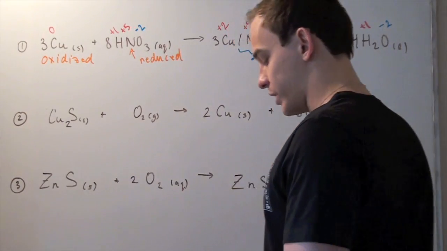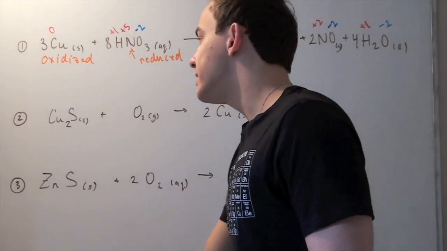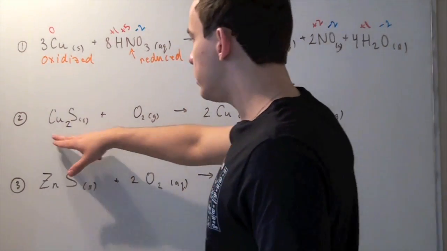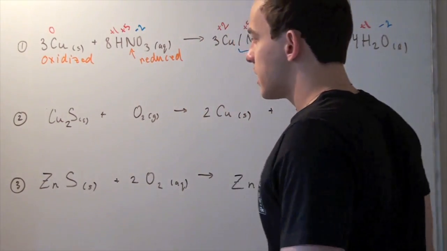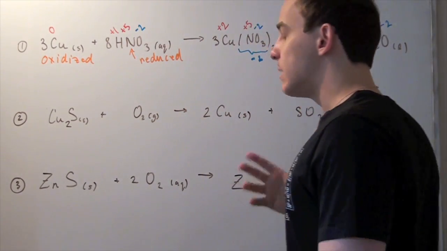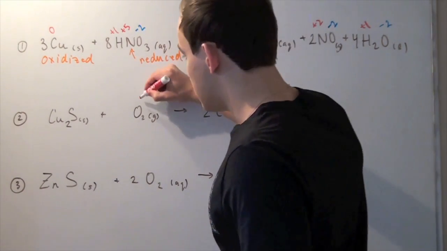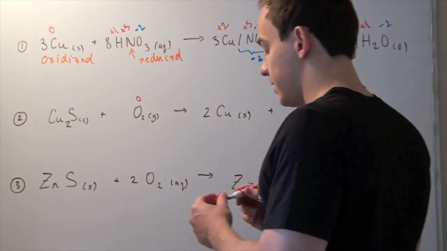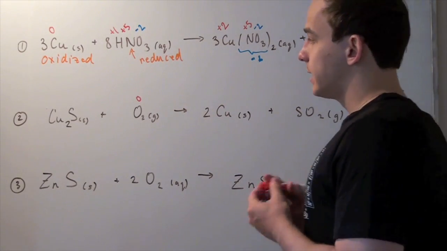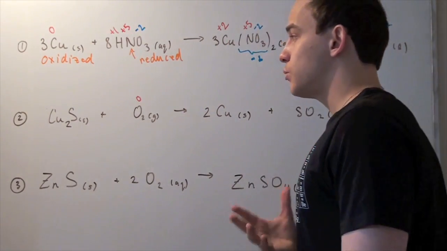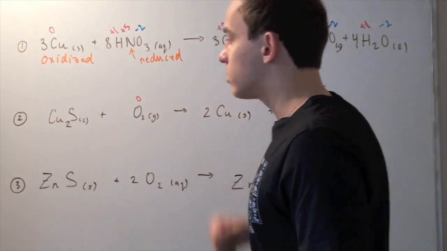So let's move on to example 2. Now in example 2, we begin with copper sulfide and oxygen in its elemental state. So oxygen automatically gets a charge of 0 because it's in its elemental state. And let's look at these guys. First, we assign our charge to our sulfur.